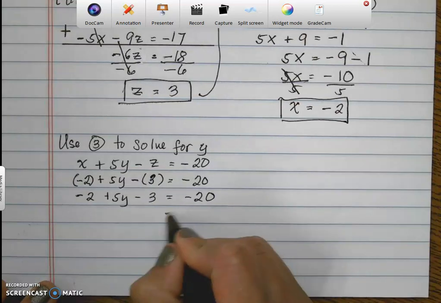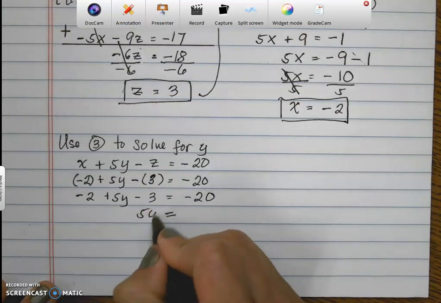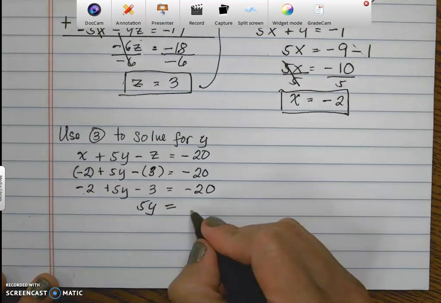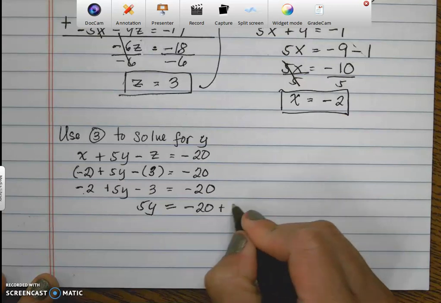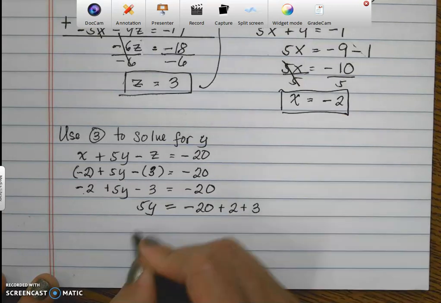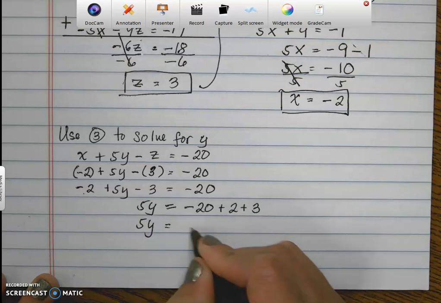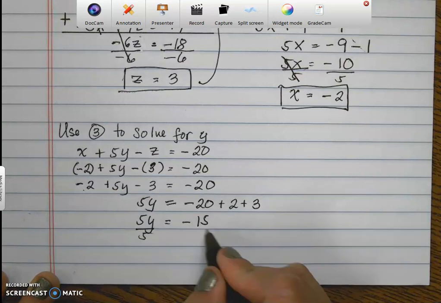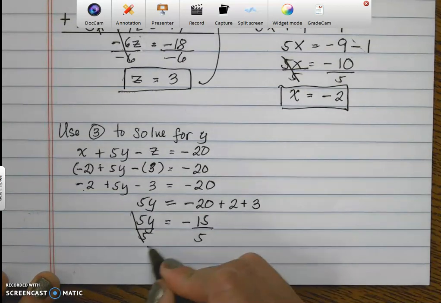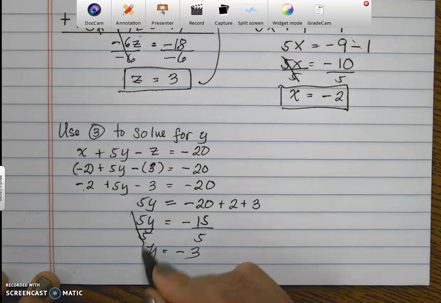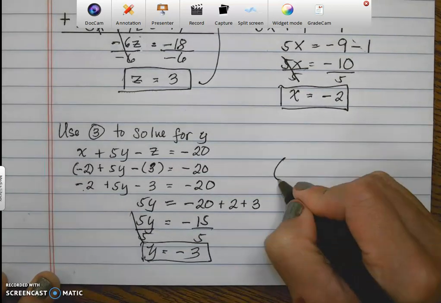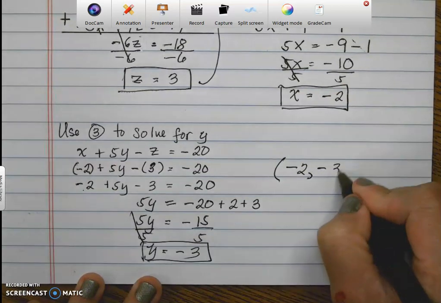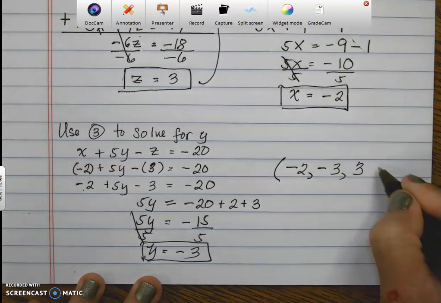And then you want the 5y to be isolated on this side and all these negative 2 and negative 3 to move to the other side. So negative 20 plus 2 plus 3 is 5y equals negative 15. All right. Divide by 5, both sides. And so your y is a negative 3. And so our solutions are negative 2 for x, negative 3 for y, and positive 3 for z.